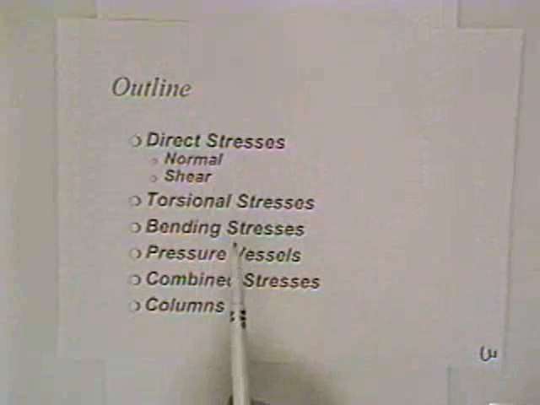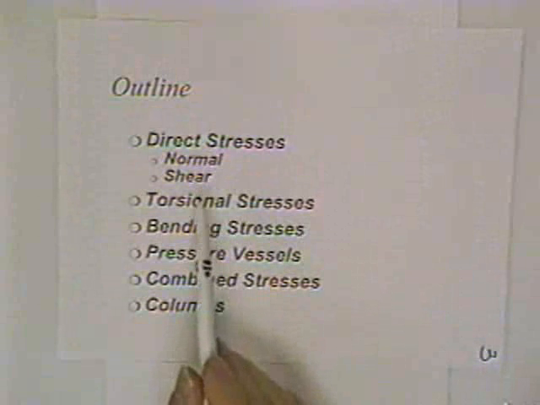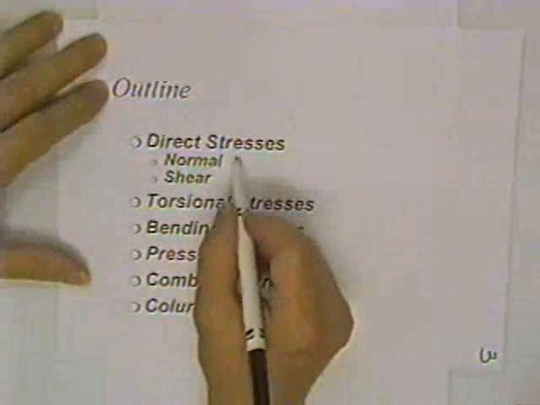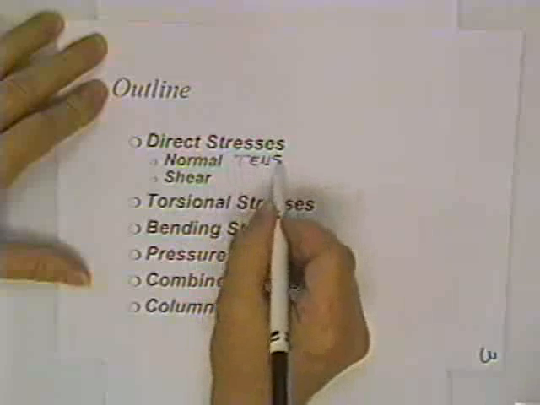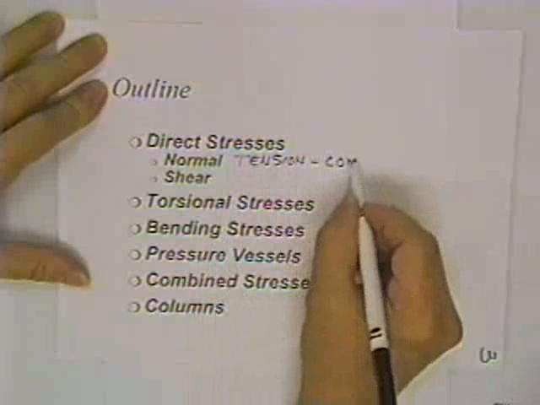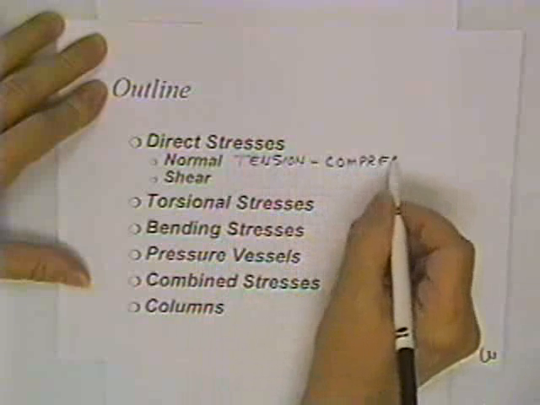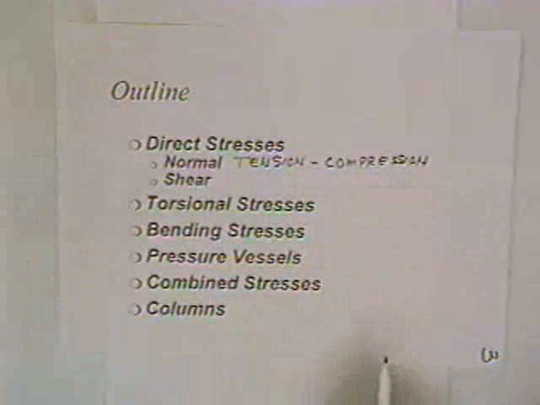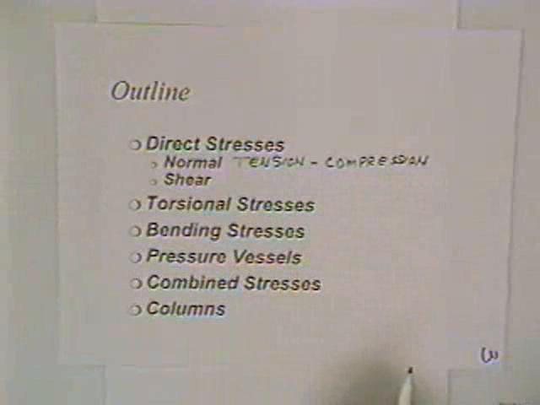We only know of two kinds, normal stresses and shear stresses. Normal stresses include tension and compression. Tension stresses would be, for example, in a piece of wire when you pull on it.